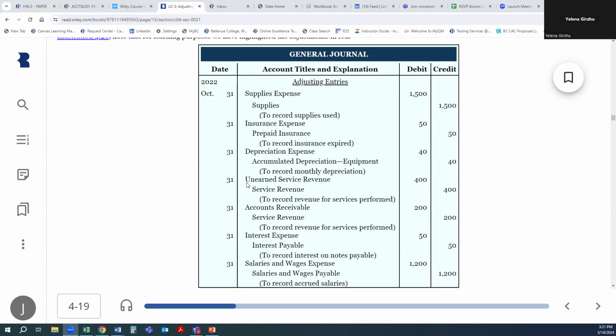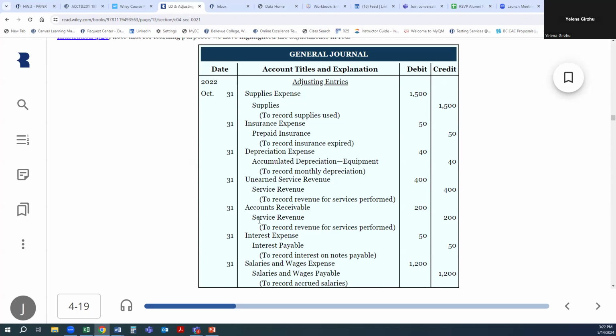And unearned service revenue here, that's a liability. We decrease a liability with a debit so that we can increase revenue. So when it increases, it's credited, but here it's debited, so it's decreased. Correct. It's like the opposite. Yeah, assets increase with debits, liabilities increase with credits.